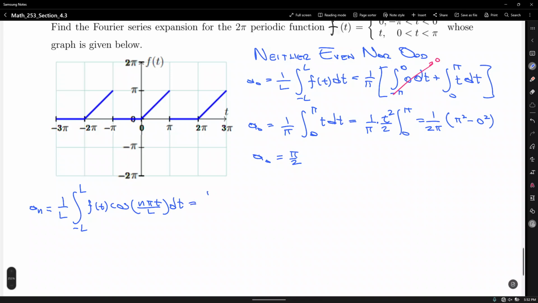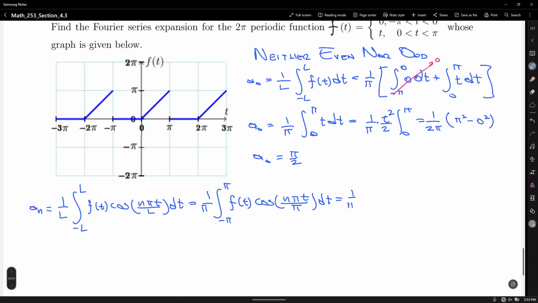So, a sub n equals 1 over pi, the integral from negative pi to pi of f of t cosine of n pi t over pi dt. Because of the nature of the function f of t, it's neither even nor odd, so I would need to set up two integrals.